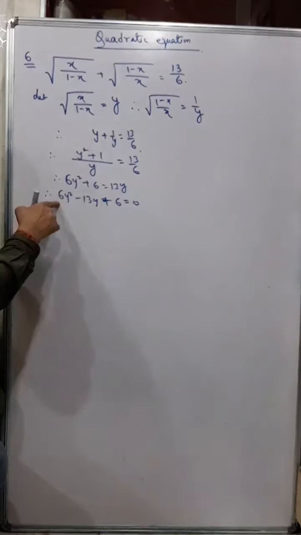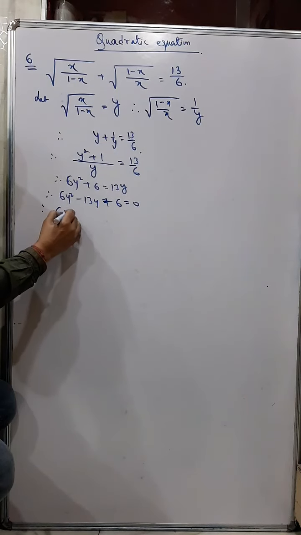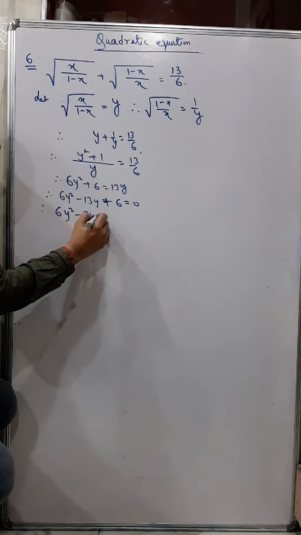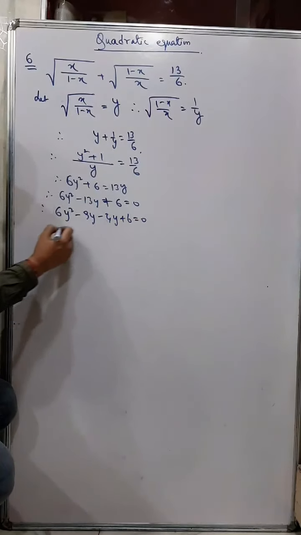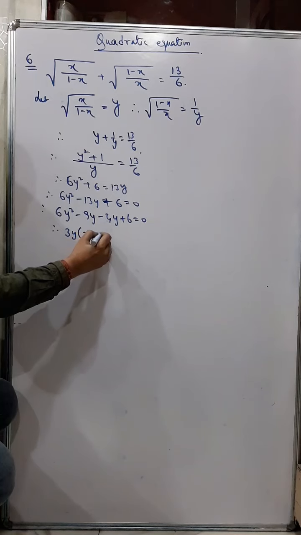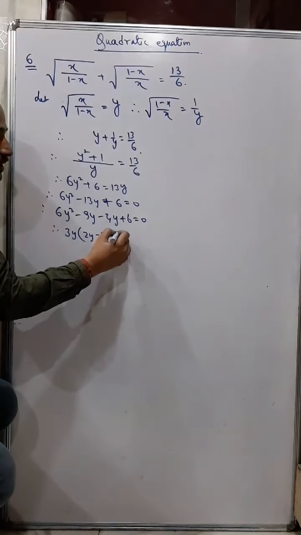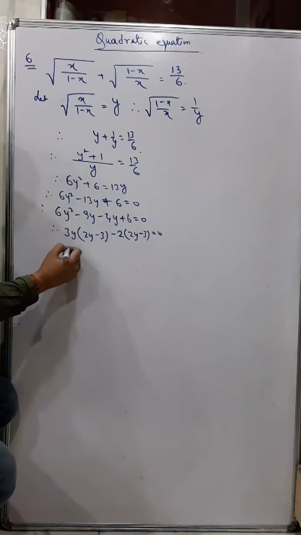So 36 to break, 9 fours are, 9 and 4 to get 13. So 6y square minus 9y minus 4y plus 6 equals 0. We can take 3y common, so 2y minus 3, and take 2 common, 2y minus 3 equals to 0.